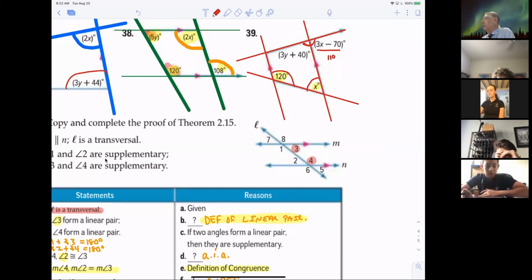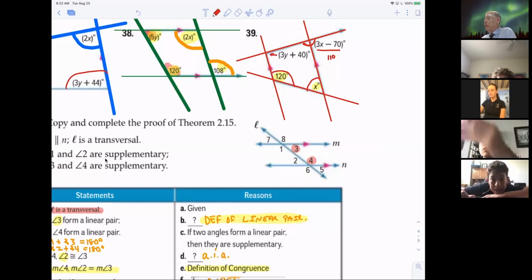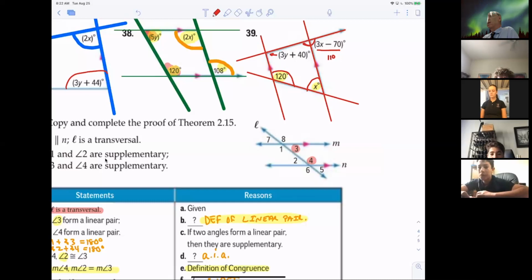All right, did that answer your questions on those? Yes, sir. Oh, okay. I don't even mind if you say that, to be perfectly honest, because I'm going to make that clear on the test. So if you thought it was the top left, then it would be 3y plus 40 equals 110. Right? And do I care? I don't care. I agree.